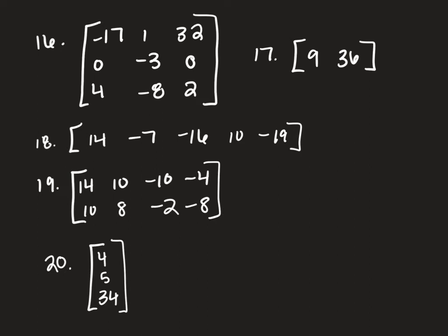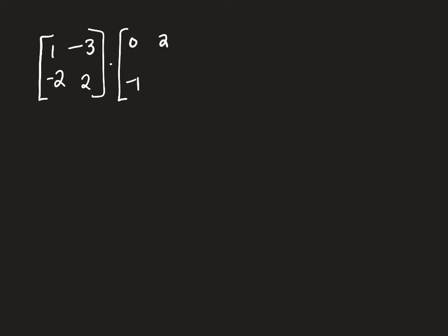11 and 15, yes. All right, so for number 11, we have 1, negative 3, negative 2, and 2. So we're going to go across this row and then down this column first.